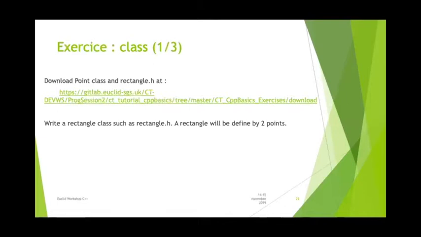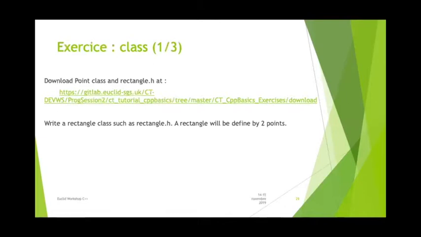You have a class. You have a point class. And for a point you have two coordinates. Simple. What is your advice? Should we always write the two coordinates? Yes.